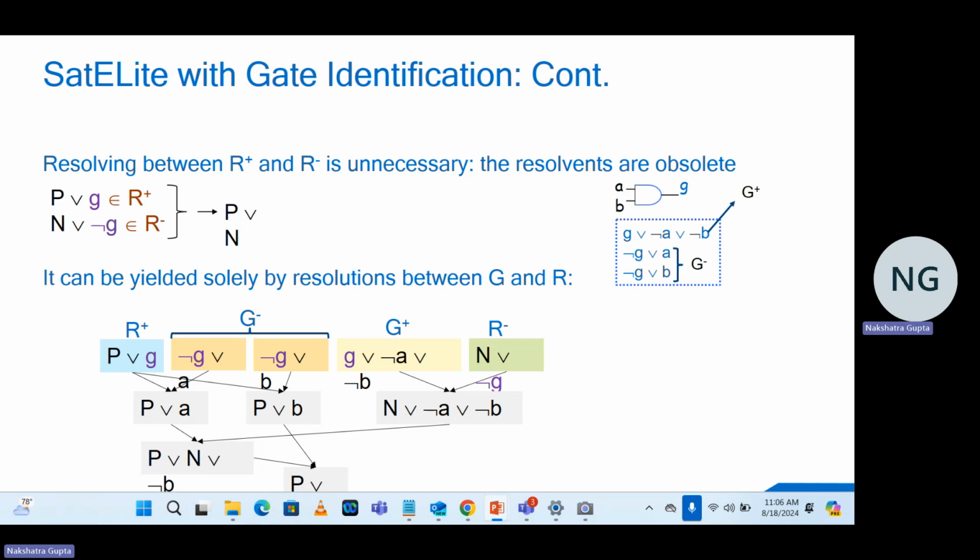But it existed before that the SAT solver can also do sort of proofs. So instead of going syntactic, we can use semantics to identify something similar to the definition.